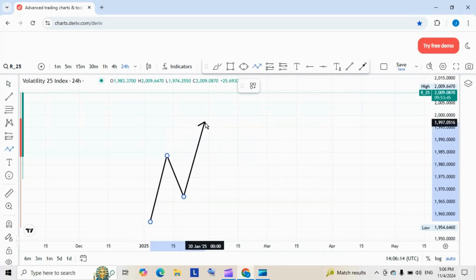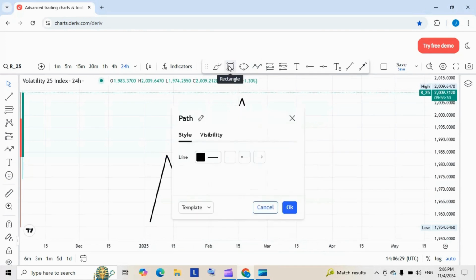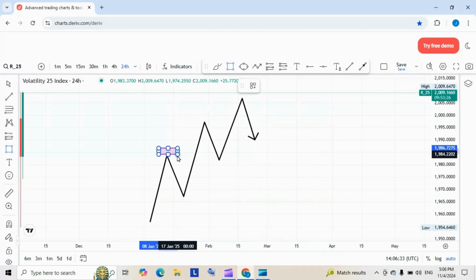Higher high, higher low, higher high, higher low, right? So now, in this situation, as long as we are forming a new high, all right? As long as we are forming a new high. This area is the high, okay? This area is the high.